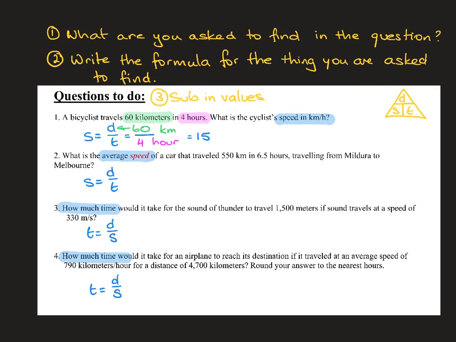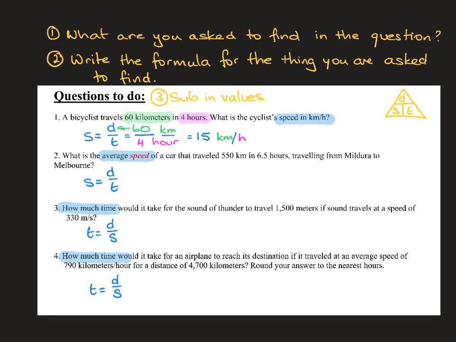Our units for speed are our units for distance over our units for time, kilometres over hours. So our speed is 15 kilometres per hour.